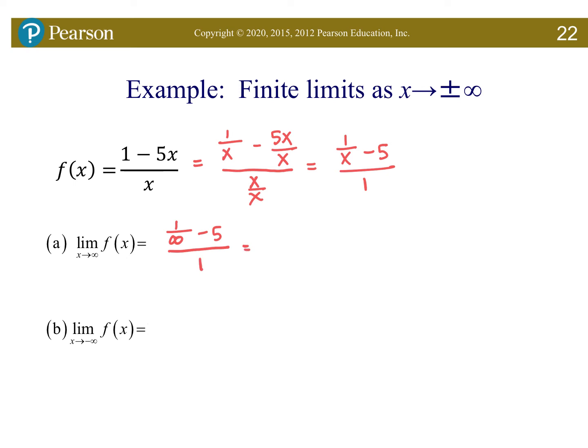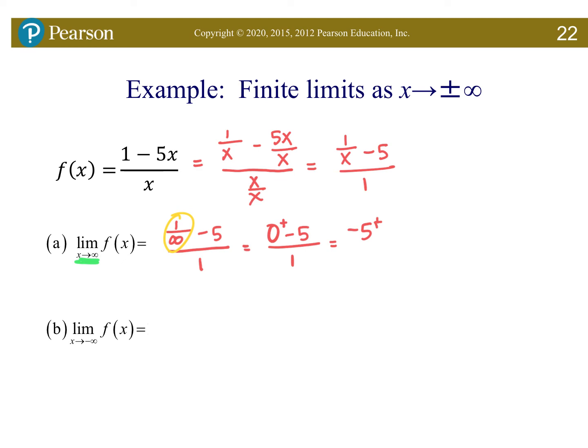Now remember, 1 over infinity is 0. So we're going to have 0 plus minus 5 over 1. That's going to give me negative 5 plus. So that means that the horizontal asymptote out in quadrants 1 and 4 is going to be on the upper side of negative 5.